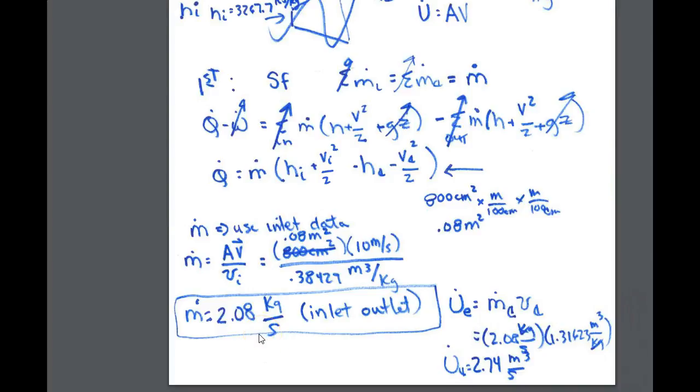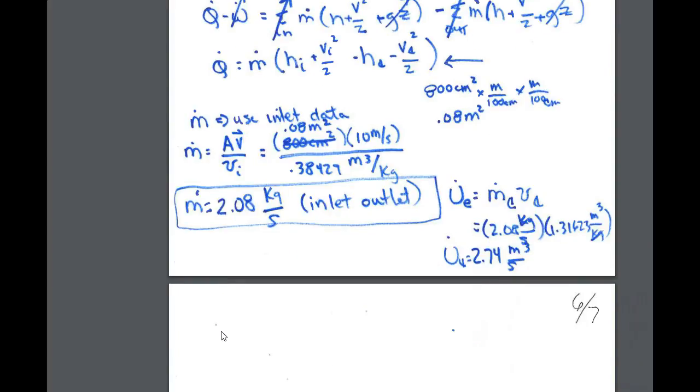second. Now we found that value from the data on the inlet, but the mass flow rate on the exit is exactly the same. The volumetric flow rate is not the same. So on the exit, how do we calculate the volumetric flow rate?